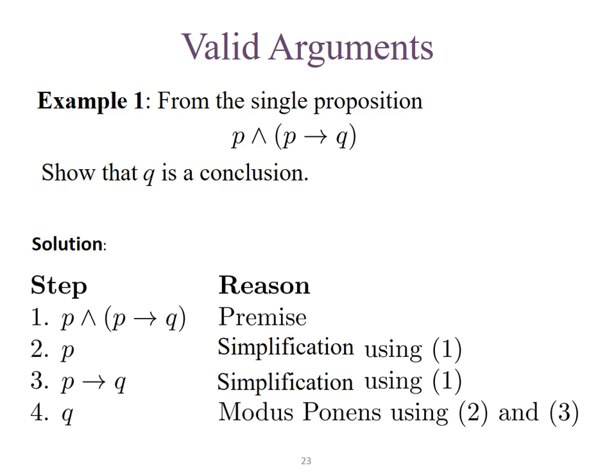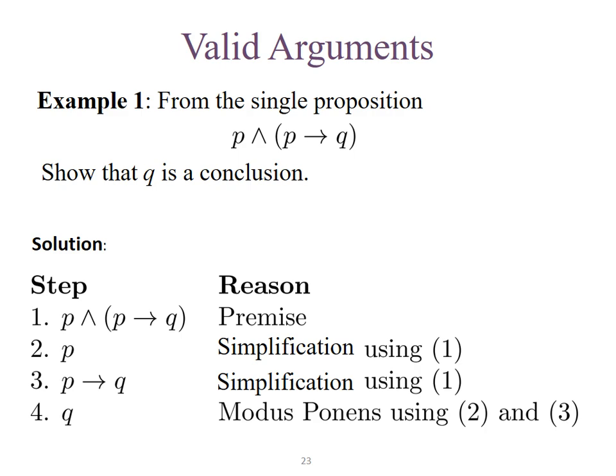So this is true. Okay, what is another truth? P and (P implies Q) is true, and we can apply simplification to indicate that P is true. This is our second step. And step three, P implies Q is also true, because for simplification, you can remove either one, and the other one is also true.